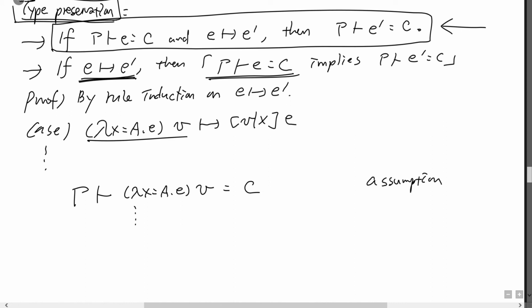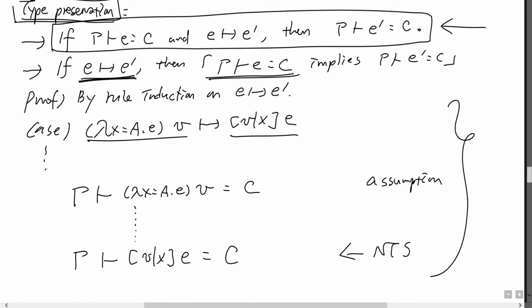And you should somehow show that this expression v for x in E maintains the same type C. This is what you need to show. And this is the most challenging case. Once you complete this, then you can rest assured that all the remaining cases are going to be fine.